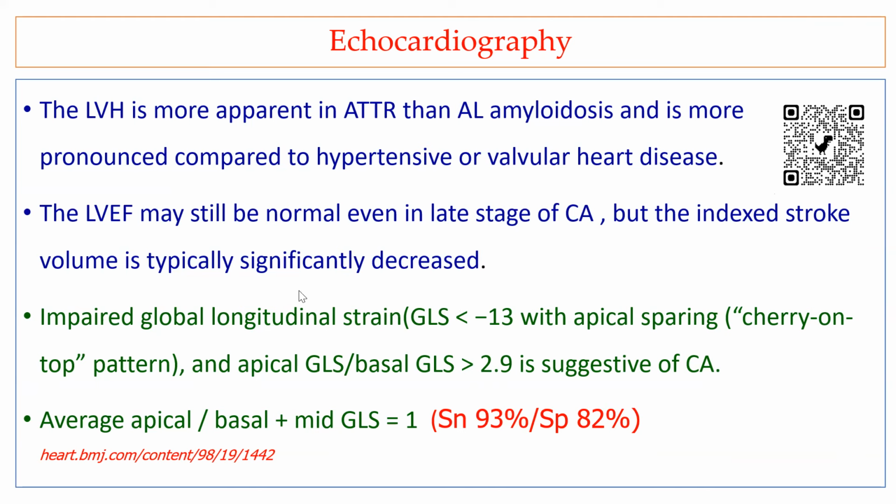Impaired global strain, with strain lesser than minus 13 and apical sparing, the cherry on top pattern, and a ratio of average apical GLS over average basal plus mid GLS equal to or more than 1, suggest cardiac amyloidosis with high sensitivity, around 93%, and specificity around 82%.